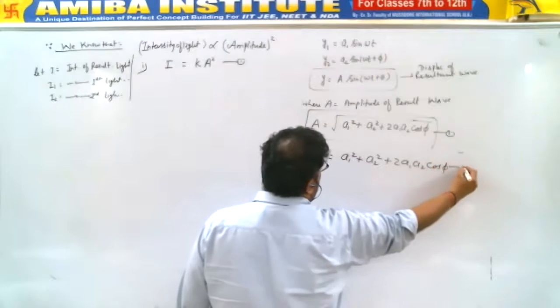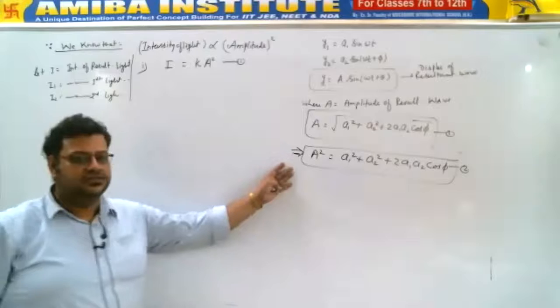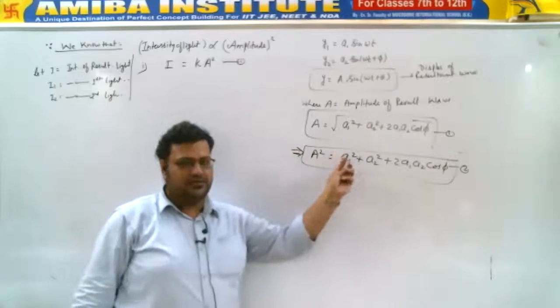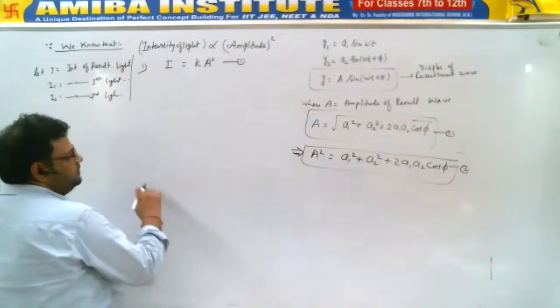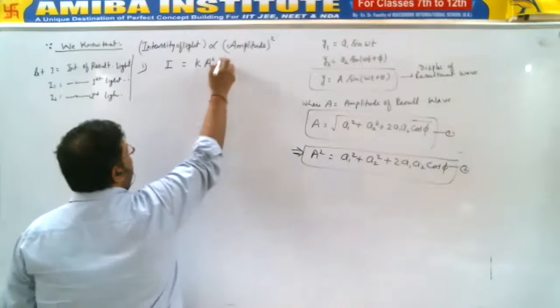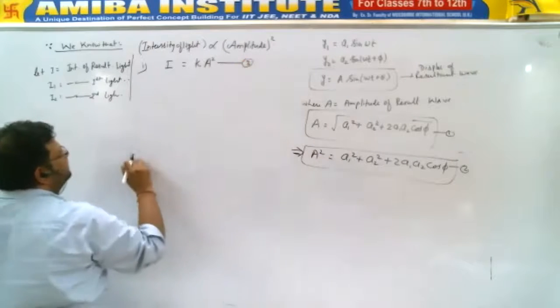Although we have already discussed that derivation, I am giving you the second equation here separately, so that you get to know how we need to proceed. So this is equation 1, equation 2, equation 3.